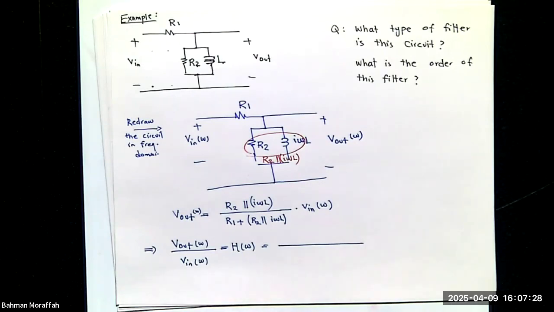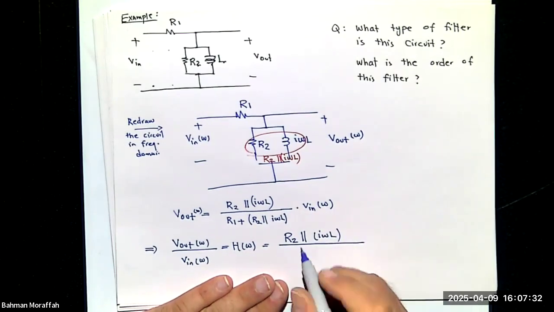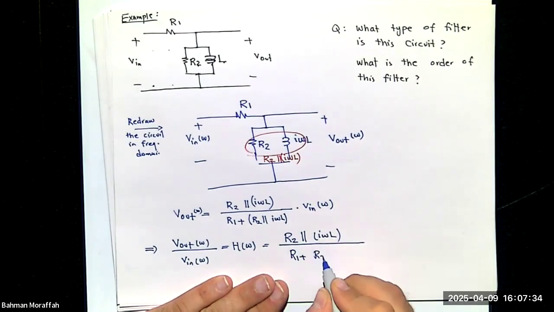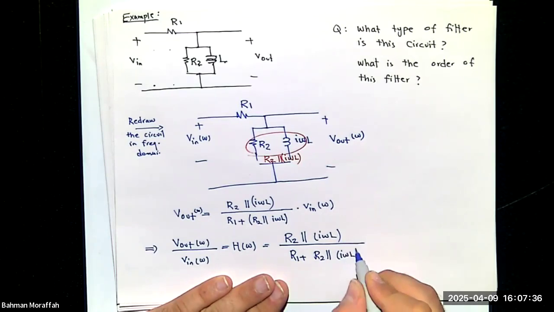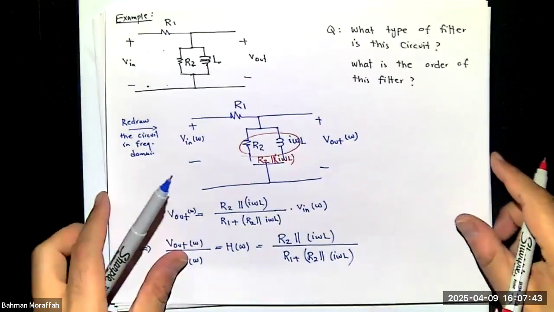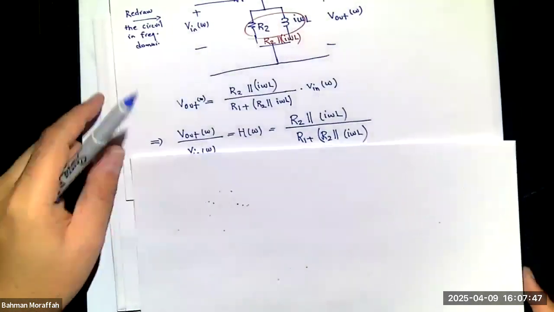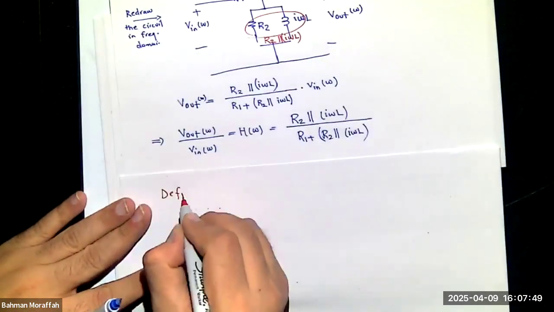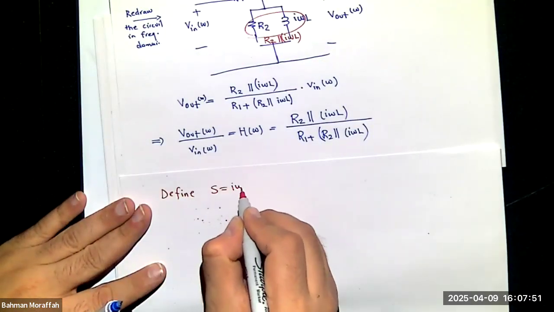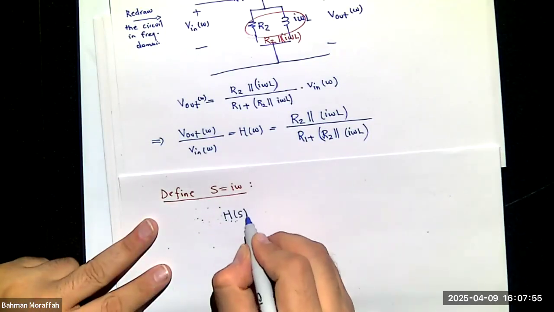Let's just write it. R2 in parallel with i omega L divided by R1 plus R2 in parallel with i omega L. Again, let's not write i omega. Let's just use s instead. So define s to be i omega. What is H of s then?